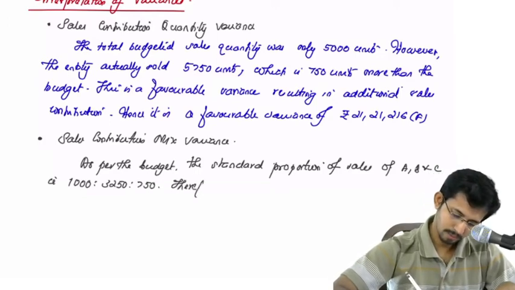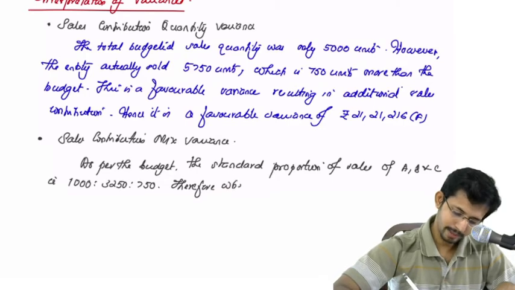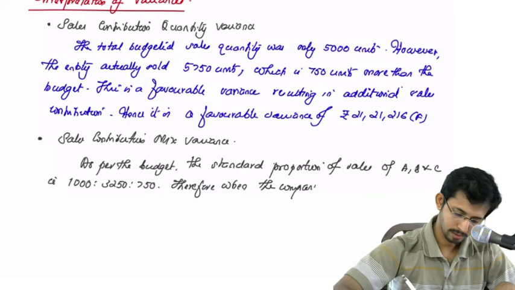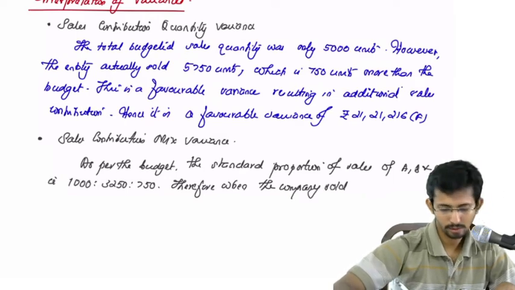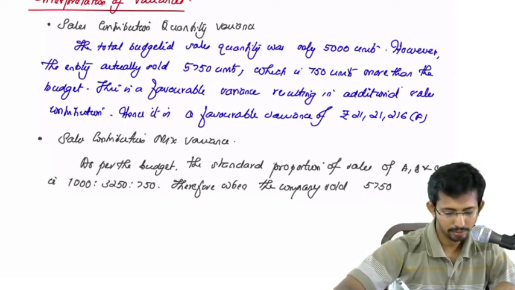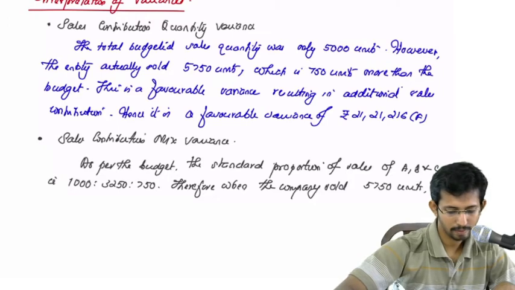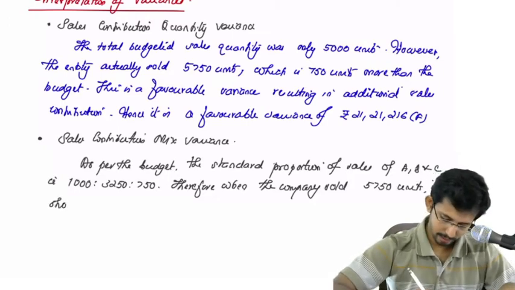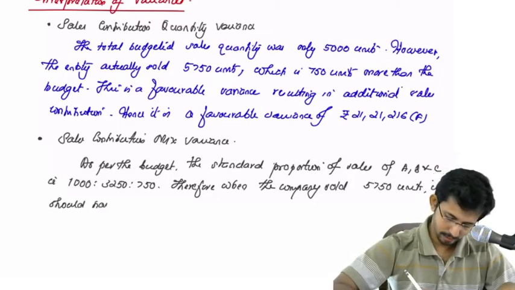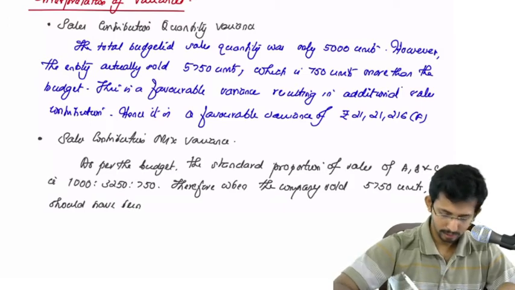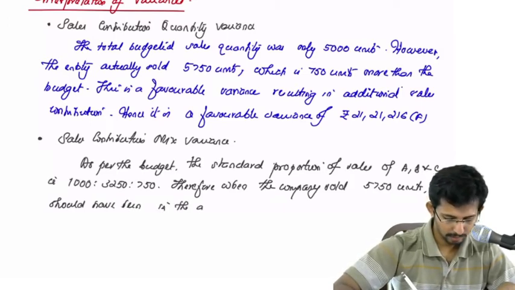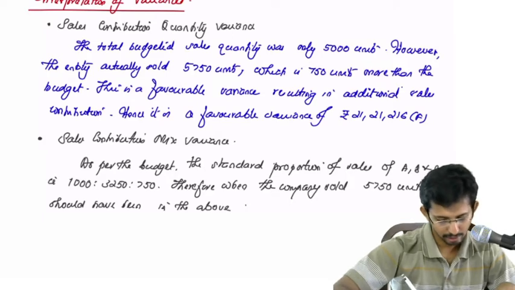Therefore, when the company sold 5,750 units, it should have been in the above proportion itself.